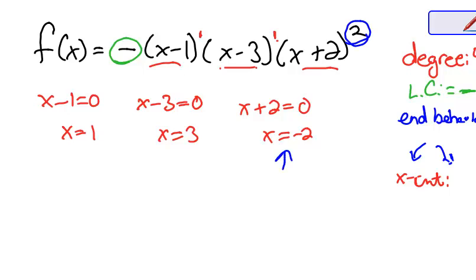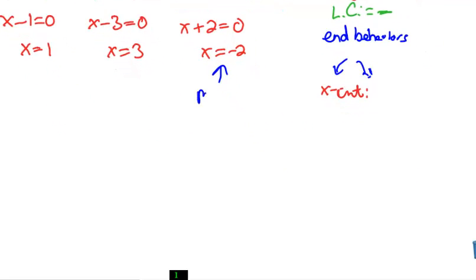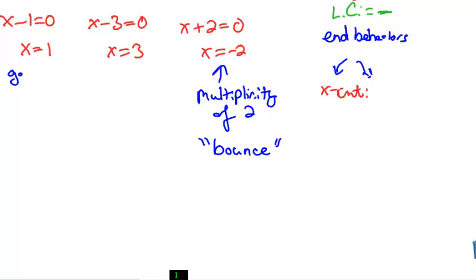That means that this x equal -2 has what we call a multiplicity of 2. Therefore, at this point, it's going to bounce. It's not going to go through, it's going to bounce. These others are going to go through. Okay, so we're going to go through x equal 1 and x equal 3, but we're going to bounce at x equal -2.